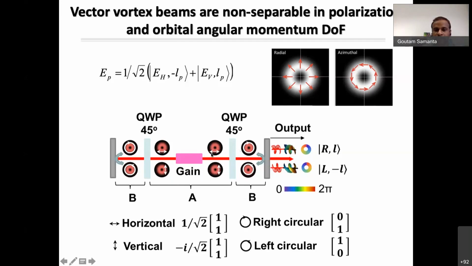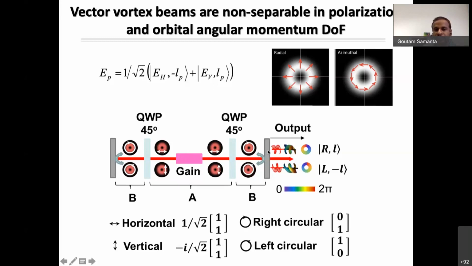Let's say we have a pump beam, then it generates this vortex, and that vortex is converted into left circular and right circular polarization through this wave plate and reflection. When it goes to the wave plate, it will be vertically polarized, and then the vertical polarization passes through this linear crystal, again goes through this polarization rotation, and when it comes back after one round trip, the polarization state of the resonating beams is the same. So that is how we get that back.